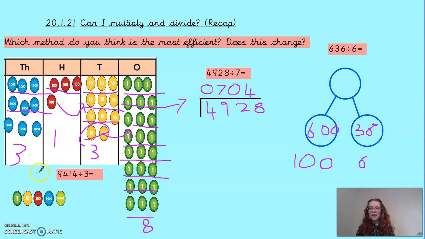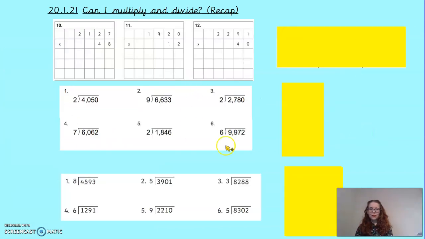So I can see that 3 goes into 9,414 3,138 times. And I can see that because I've used my place value counters. Now you can use whichever method you want to help you out. You should use the one that you find the easiest or the one that is going to be most efficient depending on the question.